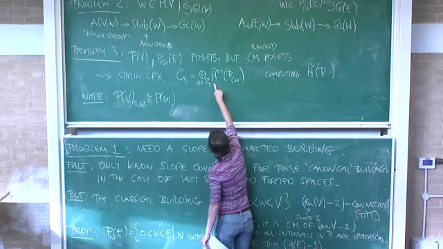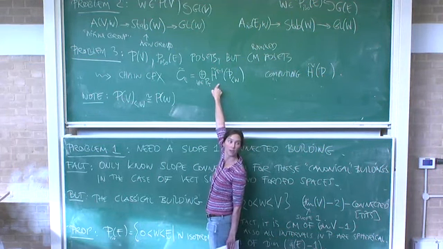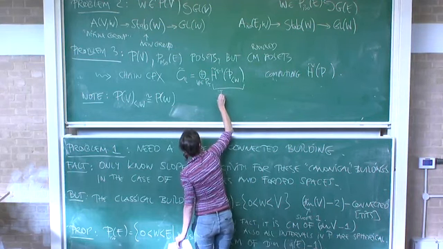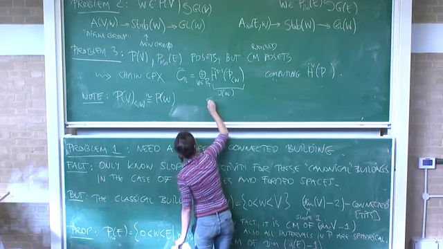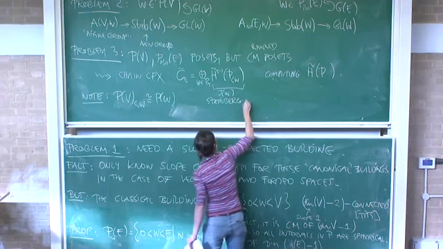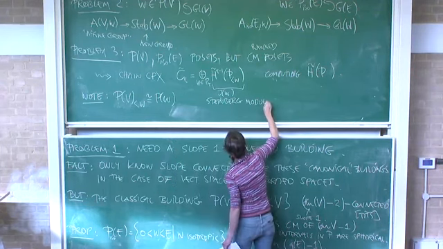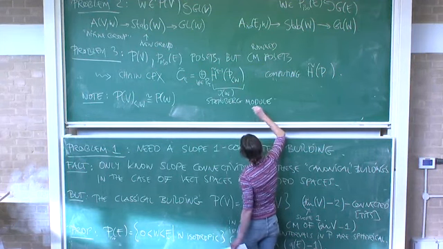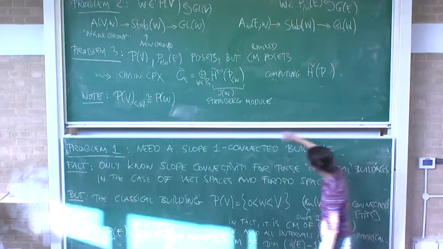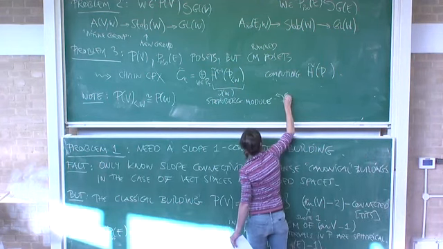And this is the top homology of this guy. This is what is known as the Steinberg module. So this inherits an action. It's a module over GL(W).